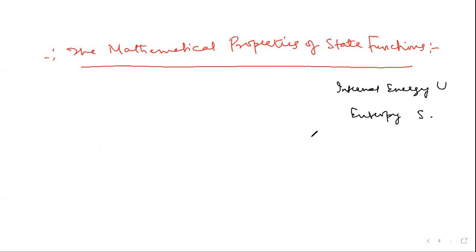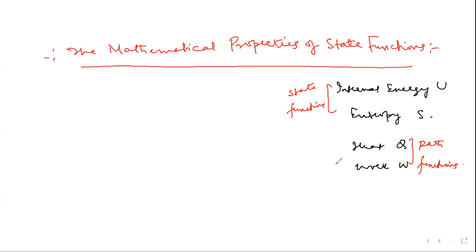Path functions are those functions which are not state functions, like heat, Q, and work, W. So these are state functions. These are not state functions, that is, path functions.